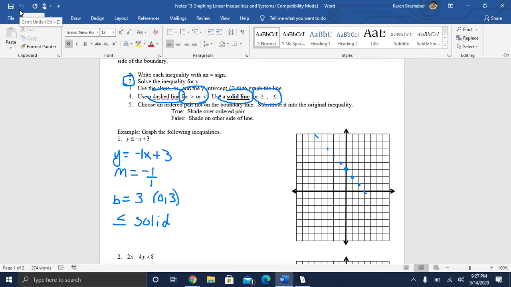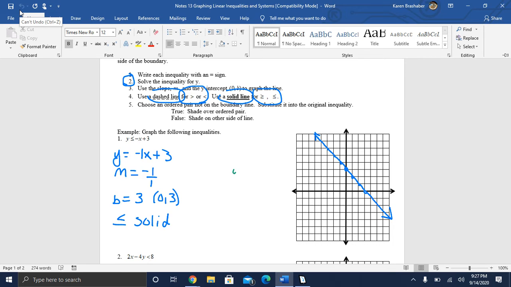So, a solid line that goes through all of those points, arrows on the line, and then since this was an inequality to begin with, we have to shade the area where the ordered pairs are true for the original statement.